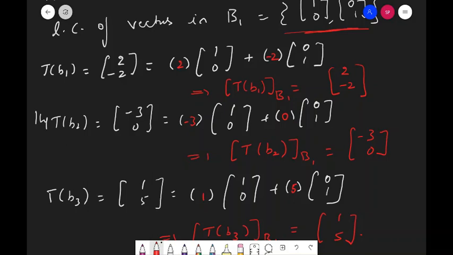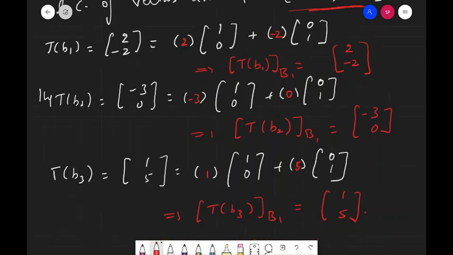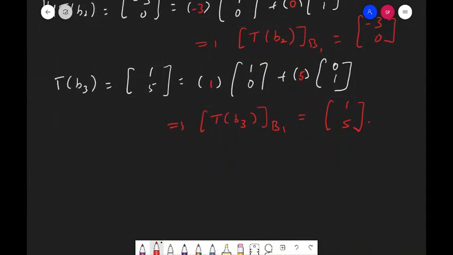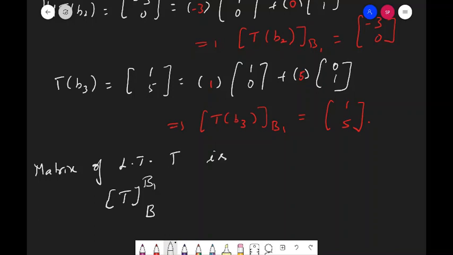Right? So we found T of b1, T of b2, T of b3, and afterwards we found the coordinate vectors of T of b1, T of b2 and T of b3. Now we will write the matrix of the linear transformation. The matrix of linear transformation T is, that is T with respect to what basis? What is the domain basis? The basis for the domain is B, and the codomain is the standard basis B1.